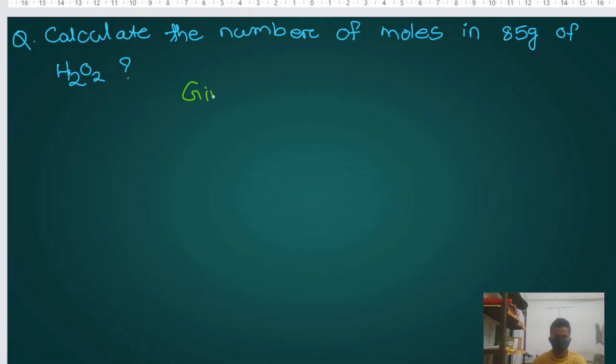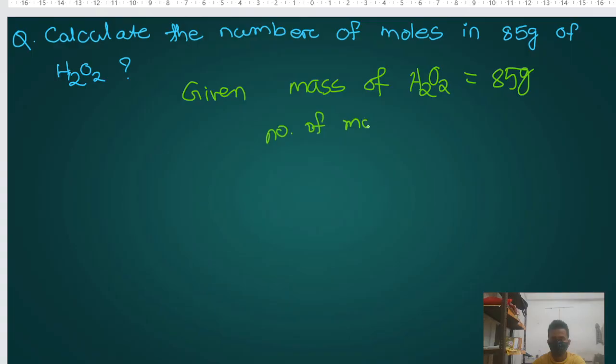What is given? Given is the mass of hydrogen peroxide, 85 gram. Then number of moles is being asked. It is not given, so you have to calculate this. And you can calculate the molecular mass of H2O2.